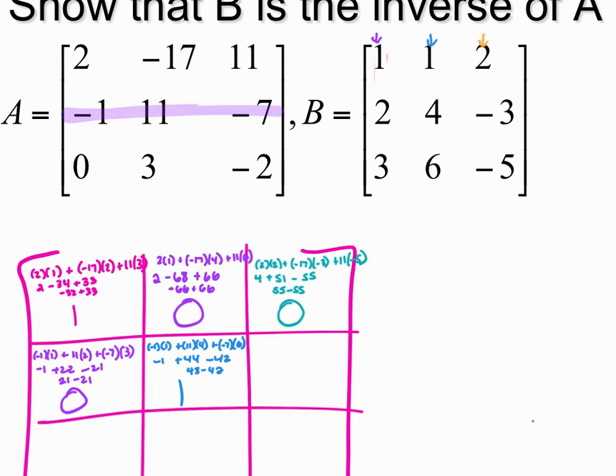Row 2, column 3. -1 times 2 plus 11 times -3 plus -7 times -5. -2, -33, positive 35, -35 plus 35, and that's 0.